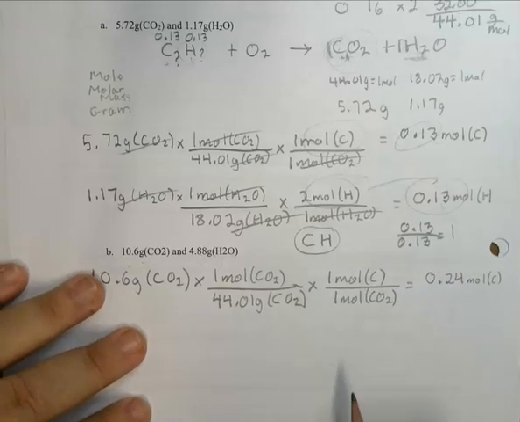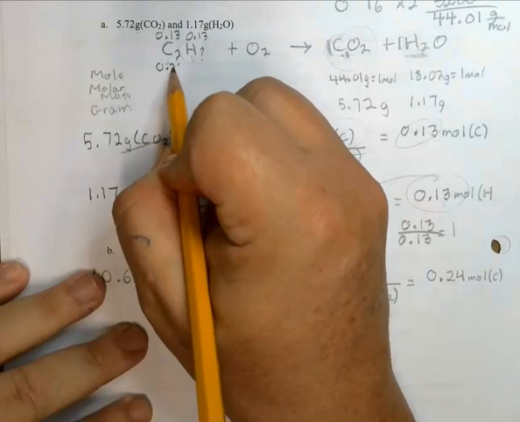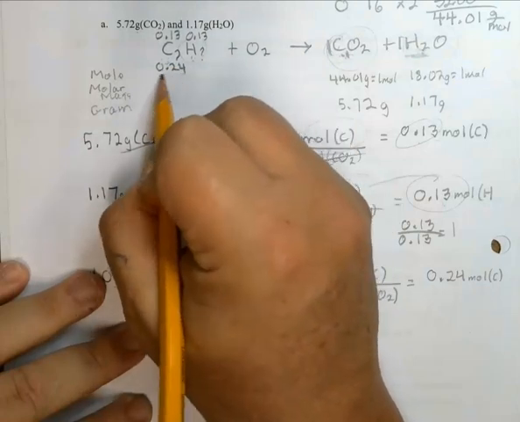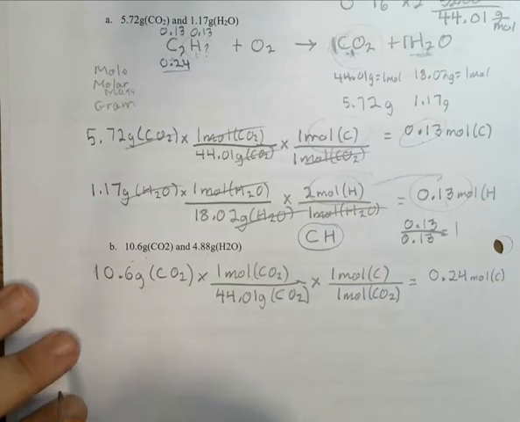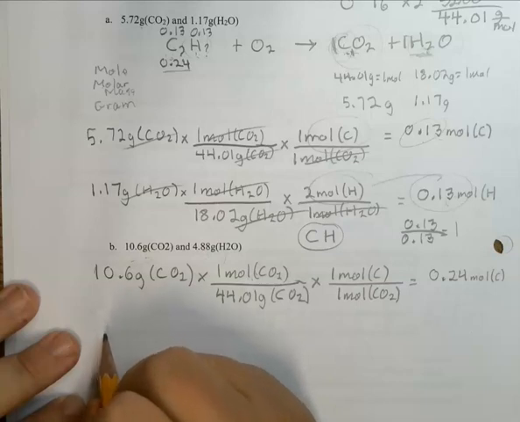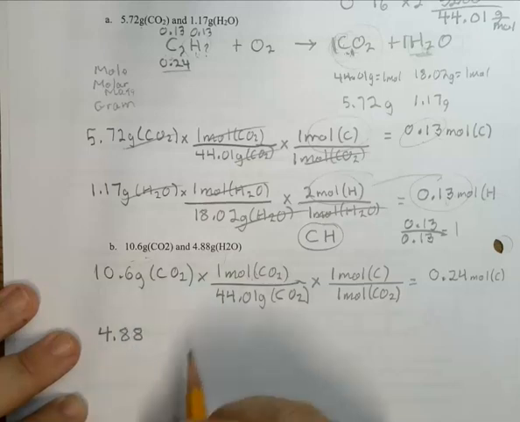Okay, so for this problem, I can write that right here on the bottom. That's how many moles of carbon we have for this problem down here. Same thing with hydrogen, 4.88 grams, which we have to get by using the water.